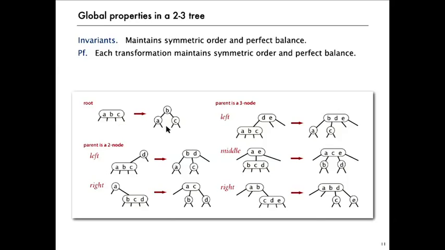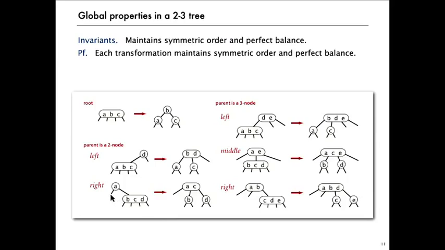If we split the root, then that's what happens at the root. And if there was perfect balance before, there's perfect balance after with the height 1 bigger. If the parent was a 2-node, then the transformation is a local transformation. And if you look at where the links are, then it's easy to see by induction that if there was perfect balance before, there's perfect balance afterward, because we didn't change anything about the perfect balance in any of those subtrees.